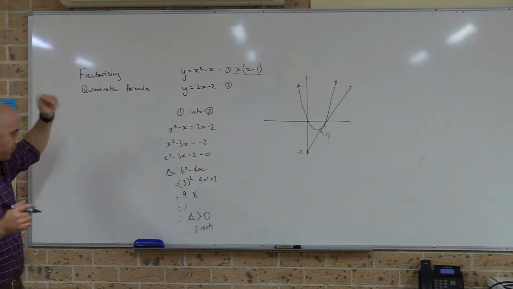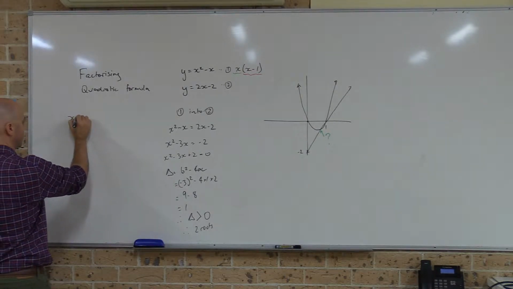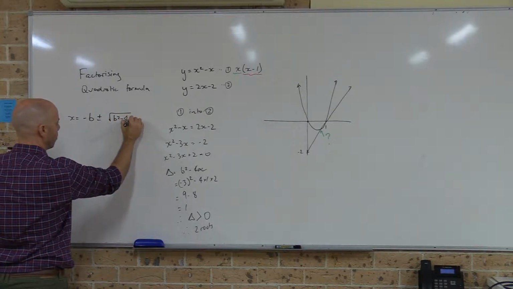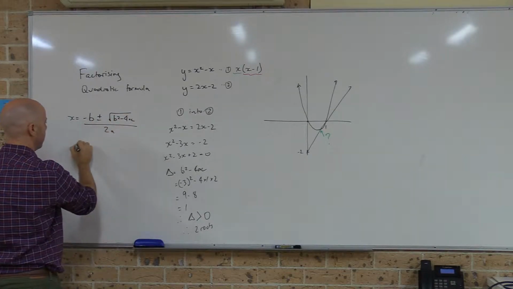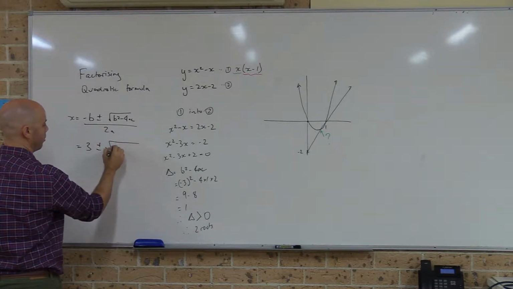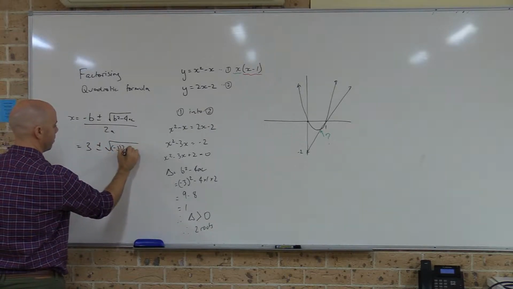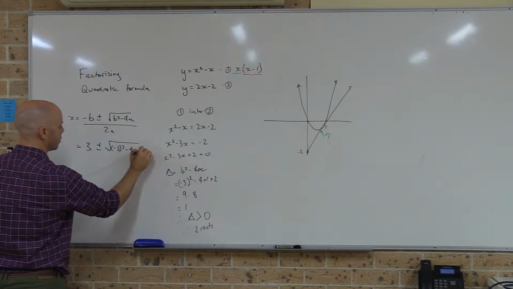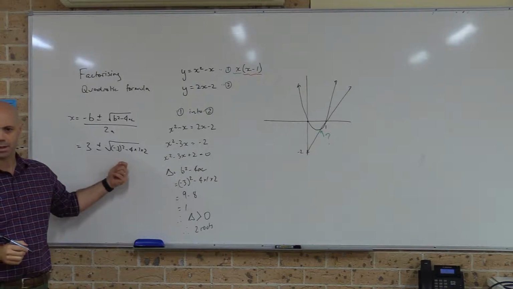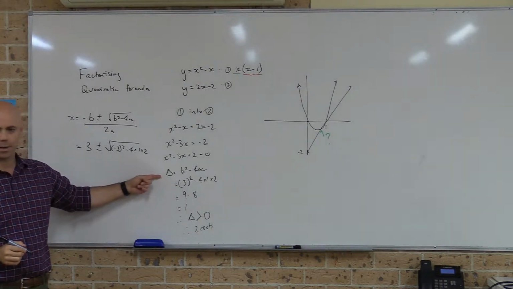Quadratic formula. Okay, so x equals negative b plus or minus the square root of b squared minus 4ac all over 2a, equals negative b is 3 plus or minus the square root of negative 3 squared minus 4 times 1 times 2. Even though, you know what, I didn't actually need to write that because I've already done it, haven't I? I've done it here already.